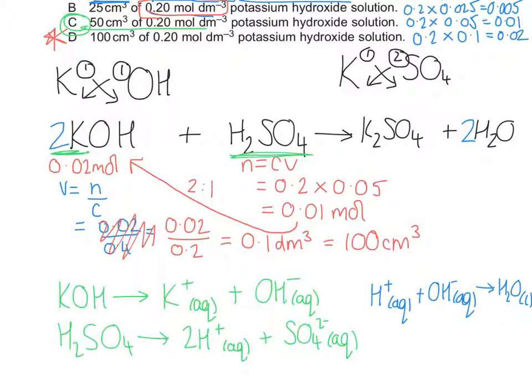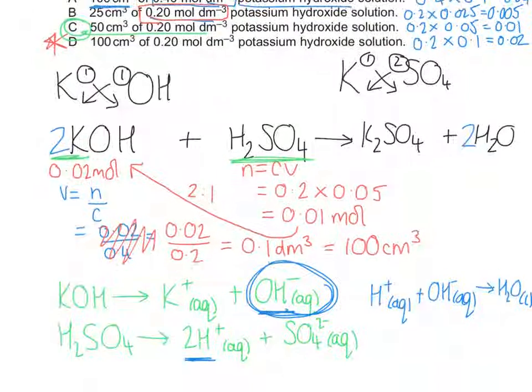So here you can see that with sulfuric acid I've got 2 hydrogen ions to neutralize, but for every 1 mole of potassium hydroxide, I only have 1 mole of hydroxide ions. So that means I need 2 moles of potassium hydroxide for every 1 mole of sulfuric acid.